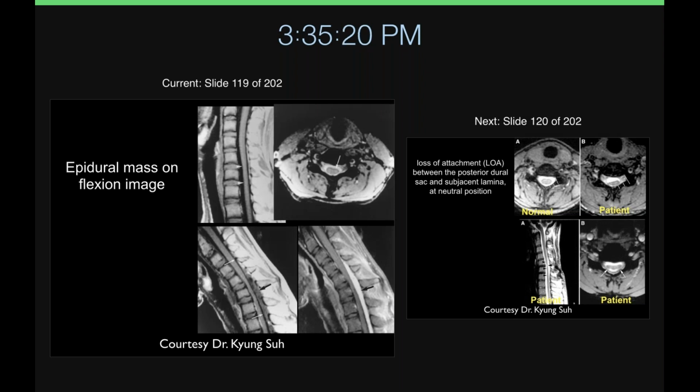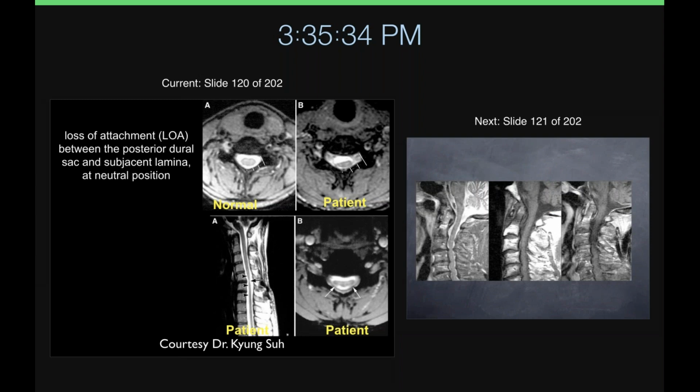So, epidural mass on flexion images. Yeah, so lots of flow voids, I think, over there in the epidural area. Also, the spinal cord there is increased in signal.